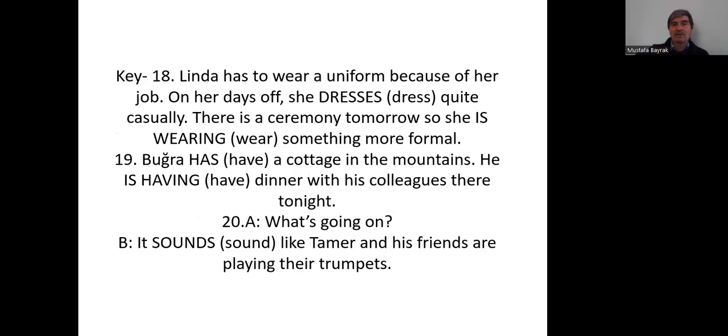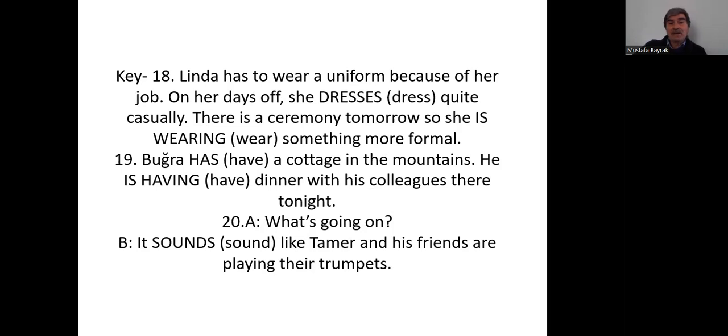Linda has to wear a uniform because of her job. On her days off, she dresses quite casually. There is a ceremony tomorrow, so she's wearing something more formal.